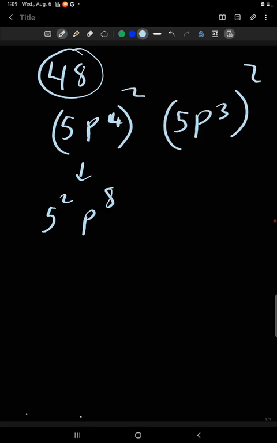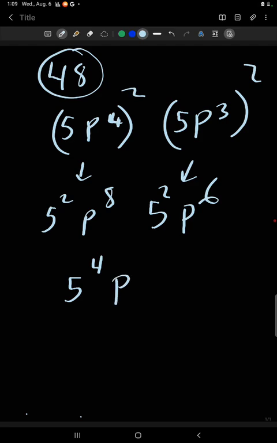And then the other is going to be 5 squared and p to the power 6. Okay, then 2 plus 2, so it's 5 to the power 4, and then p to the power 8 plus 6, that's 14. Right, so that's pretty much it.